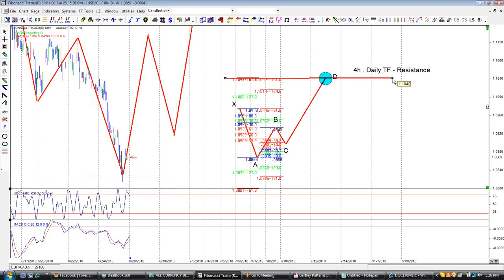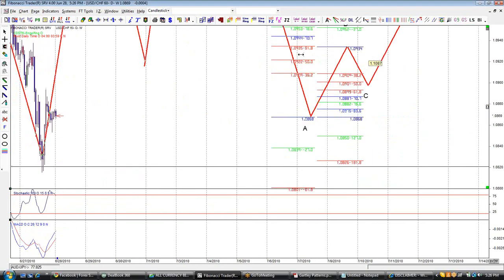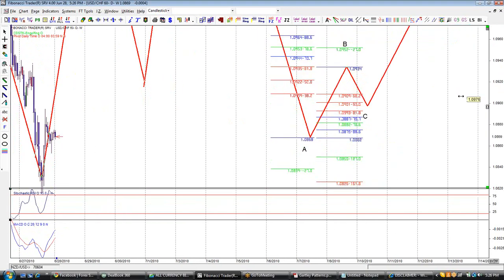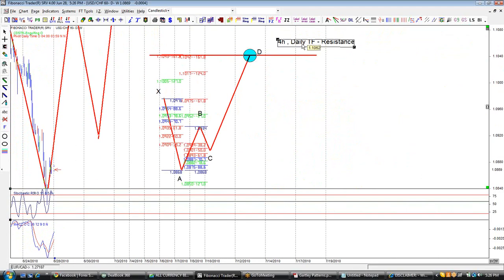Once we see that resistance and we find the convergence at this resistance level, this is right away a sell entry. This is a very, very high probability pattern because it's found at a resistance level and we have the convergence right there.